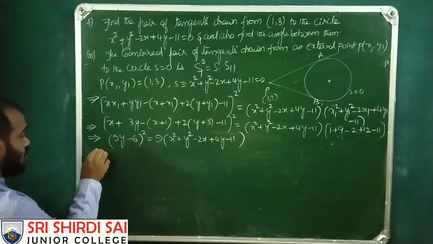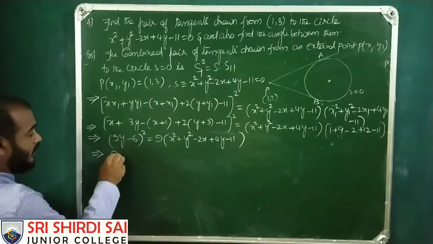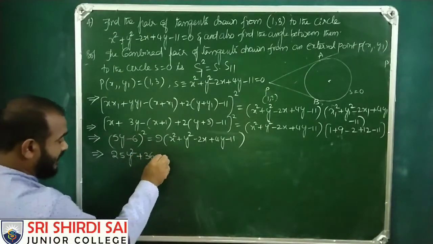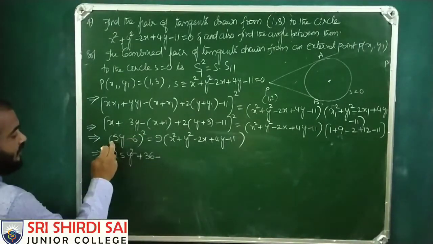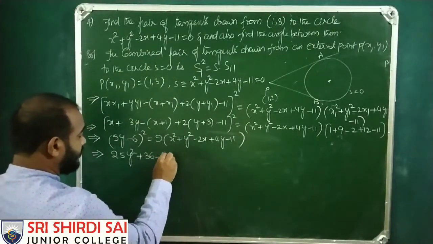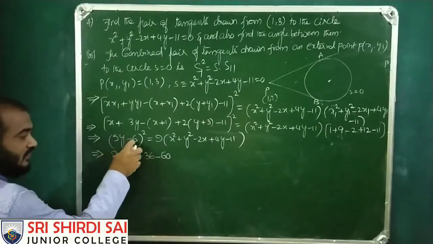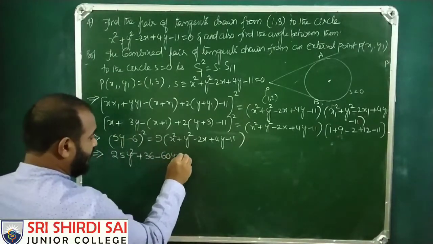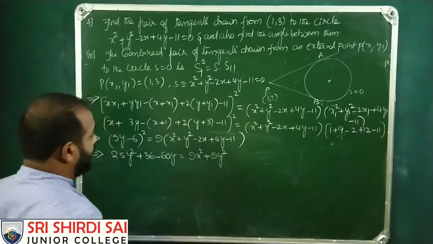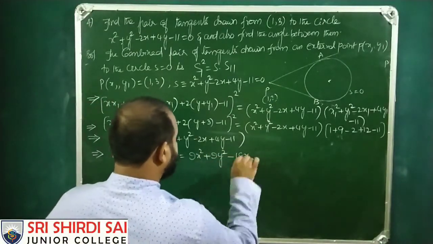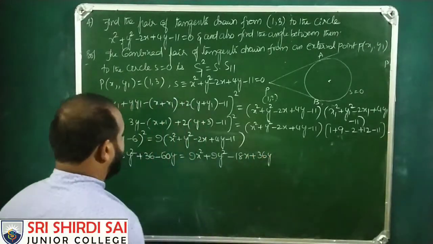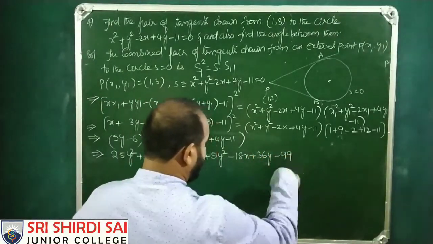So this is equals to, expanded, 25y square, 6 square 36, minus 2 fives are 10, 10 sixes are 60y, is equals to 9x square plus 9y square, 9 twos are 18x, 9 fours are 36y. Next, 9 elevens minus 99.